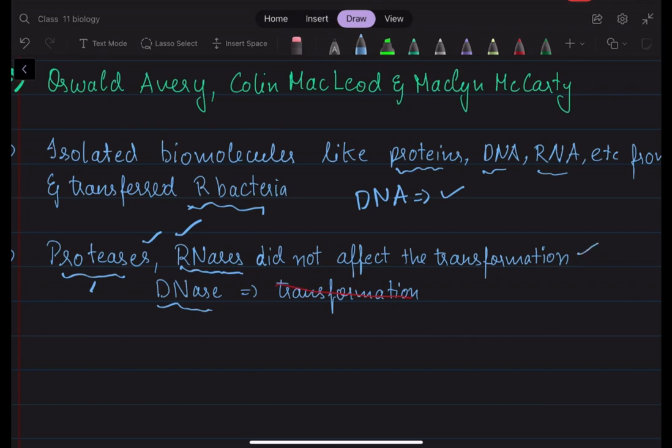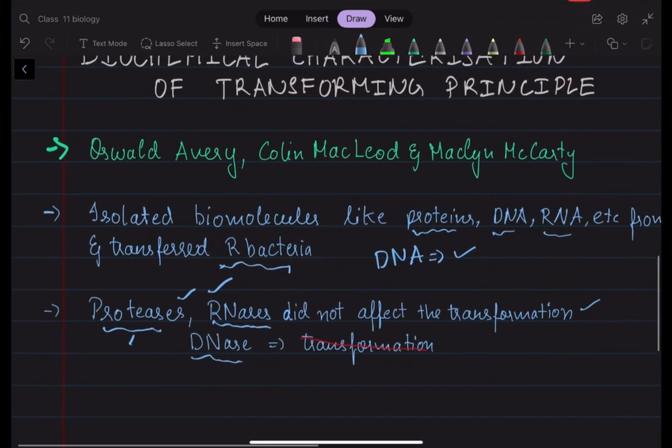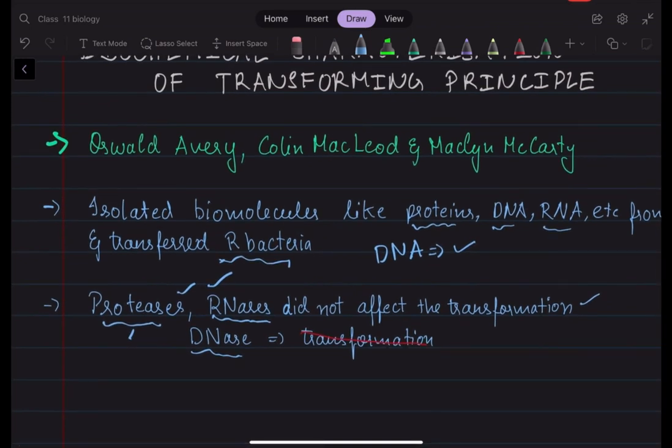Whereas when they used DNase, transformation did not happen at all. So this suggested that DNA was the transforming principle. But many scientists were not convinced by this, so other experiments had to be performed to prove that DNA is actually the genetic material.